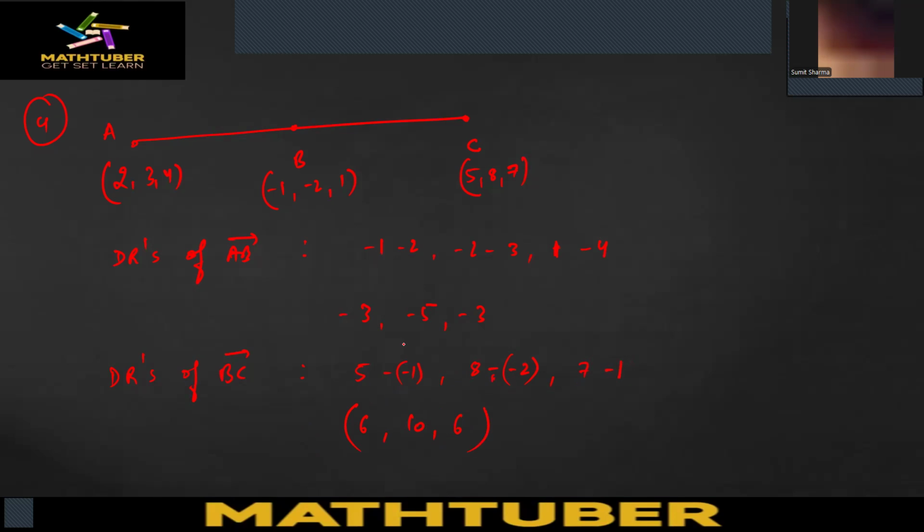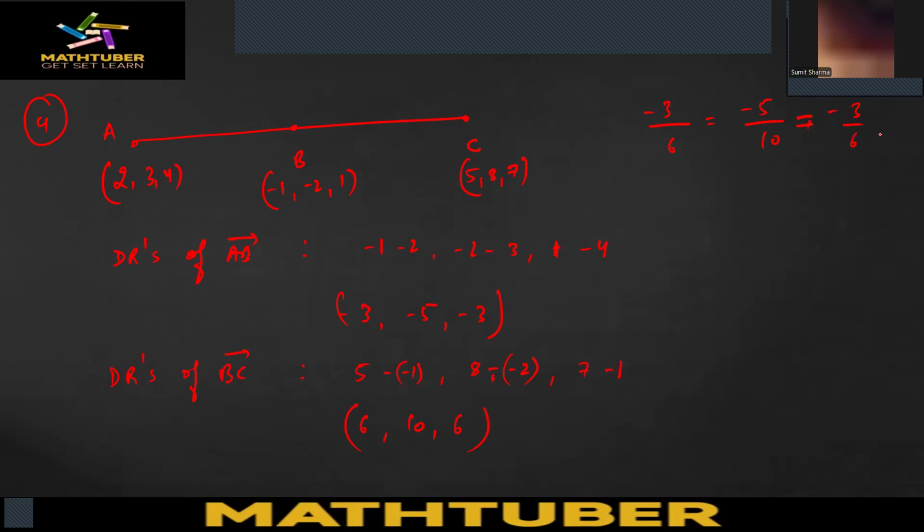So 6, 10, 6, and these were minus 3, minus 5, minus 3. Now, if we talk about the proportionality of direction ratios, minus 3 upon 6 is equal to minus 1 by 2. Minus 5 by 10 is also minus 1 by 2, and minus 3 upon 6 is also the same.